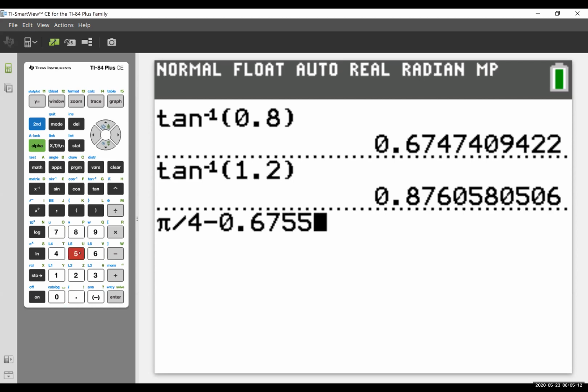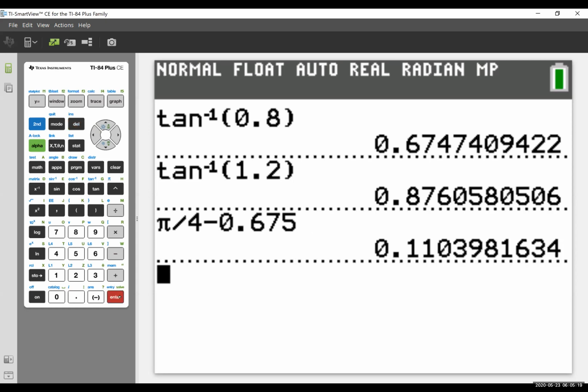So pi over 4, oh, there's an extra 0.5 in there, be careful. So if I was looking at this, I'll write a few decimal places out. Since I use 3 decimal places, I'll write it 0.1104 for now on this one. So we'll go.